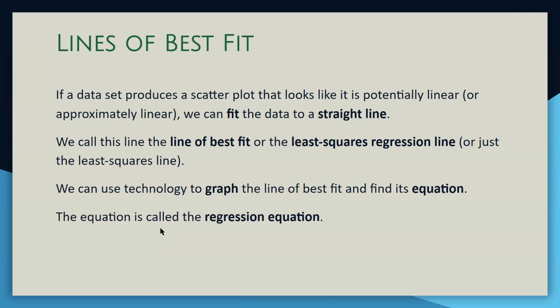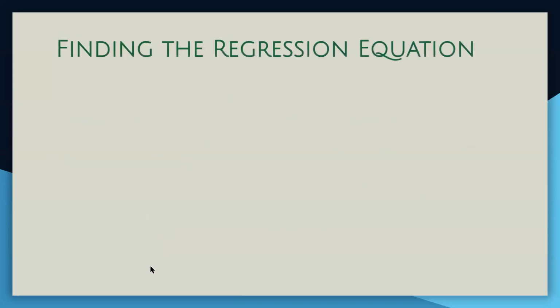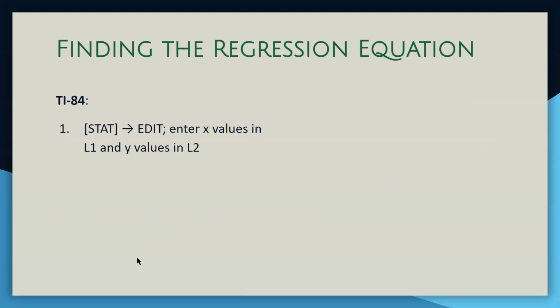The equation that describes that line of best fit is called the regression equation. And the regression equation is important because it allows us to make predictions about the population as a whole. So to find the regression equation on a TI-84, you're going to enter your data into lists.